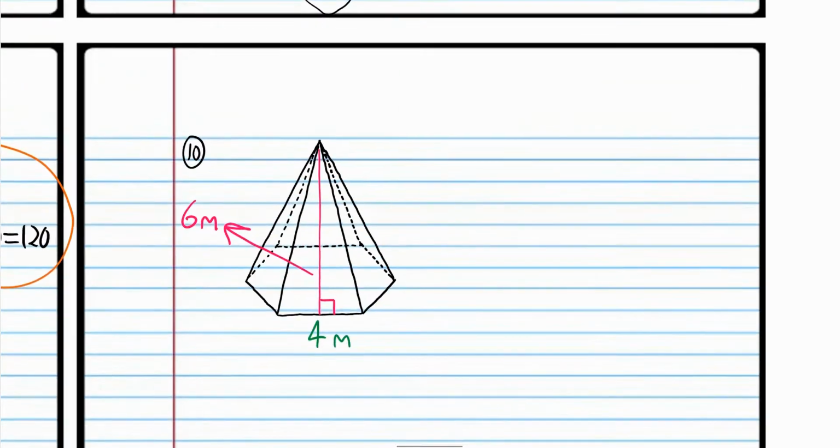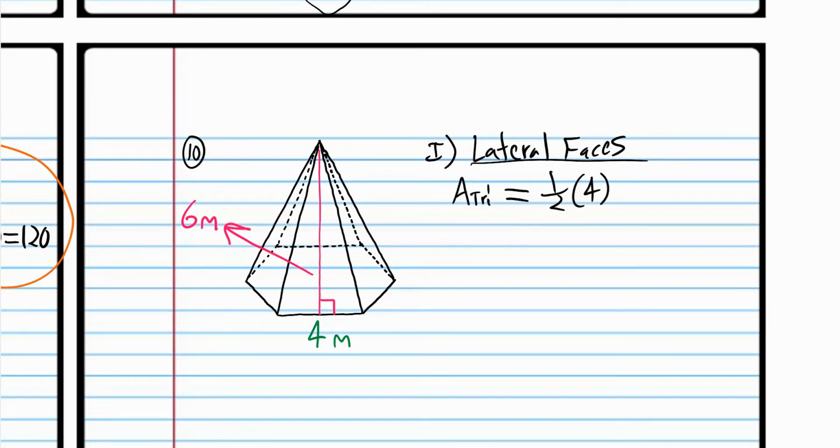All right, we're back. So first we're going to do the lateral faces as usual. That's the easy part. And so the area of one of the lateral faces is equal to 1/2 times the base times the height, which is equal to 12.